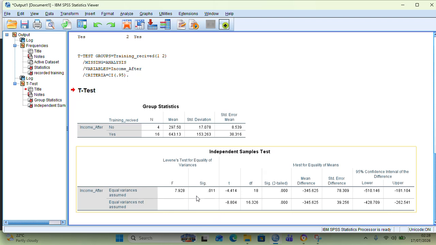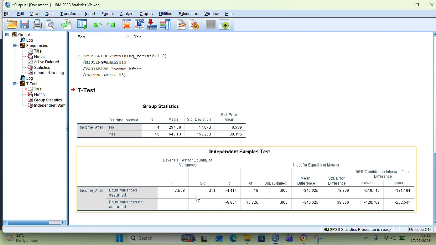So 0.011 is smaller than 0.05, meaning there is a significant difference between the mean of those who received the training and the mean of those who did not receive the training.